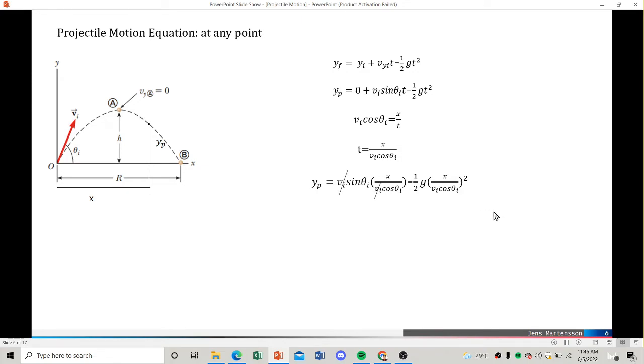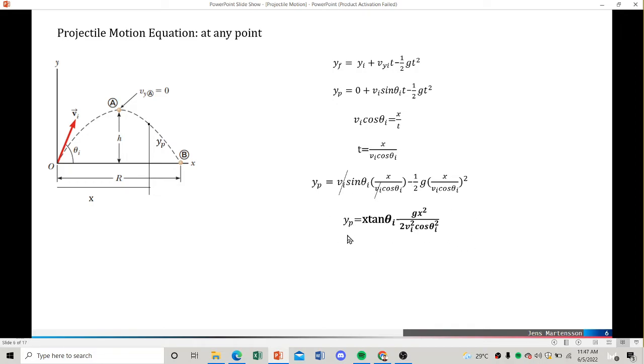So now, we can cancel out the initial velocity. So our trigonometric function, sine theta over cosine theta, is equal to tan theta. So, x tan theta minus 1 half g x squared over 2 v_i cosine theta squared.